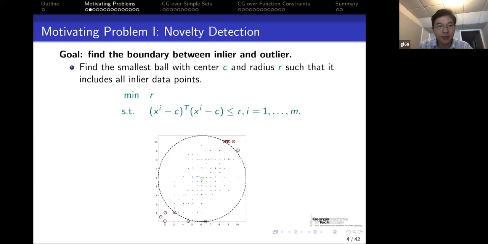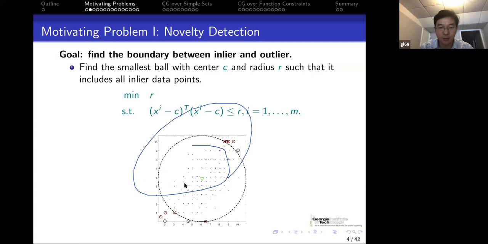So the first application is about novelty detection. In this problem, we want to find the boundary between the inlier and outlier data points that we have collected, as you can see from this picture.